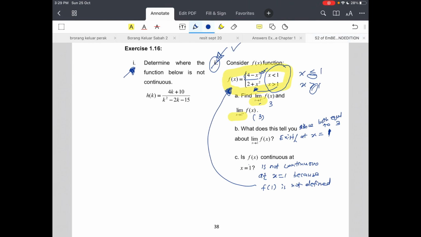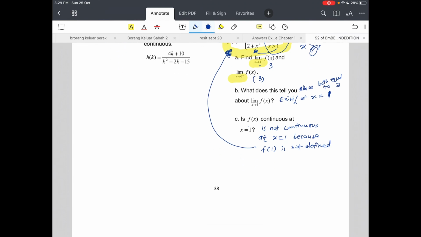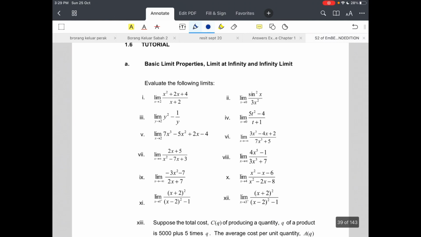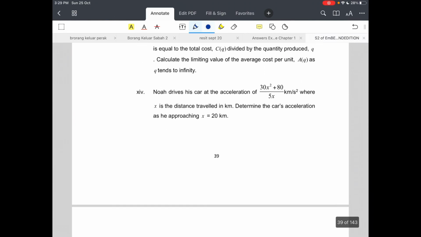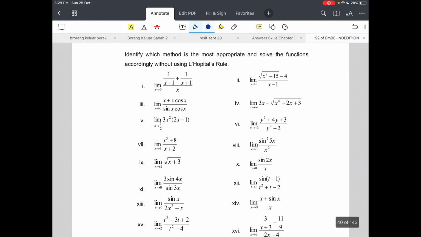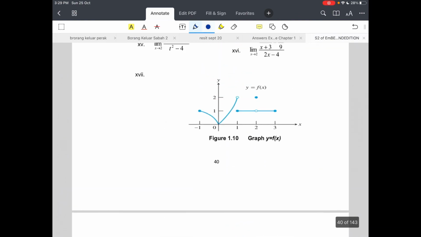Okay, so I hope that one is clear. Try to do this question at home, exercise 1.16 Roman. And also you can proceed with tutorial and discuss your answer with Dr. Nazib during the tutorial session.